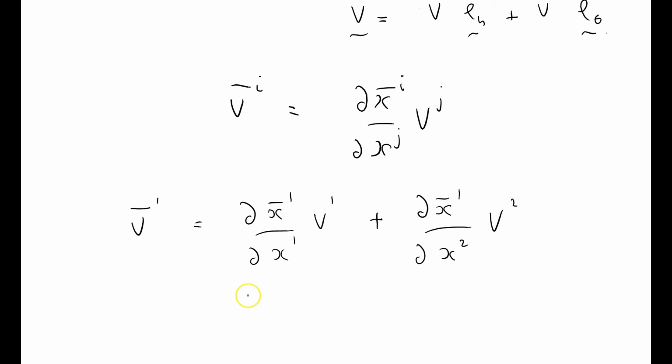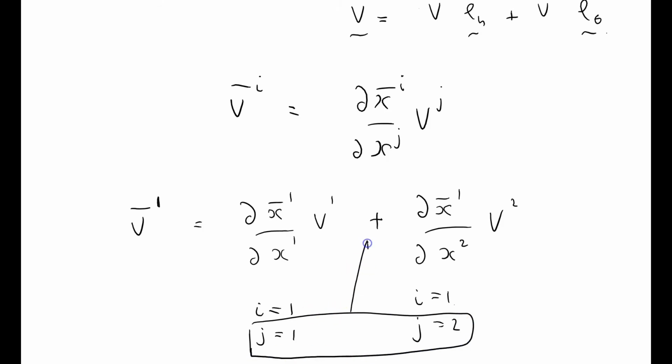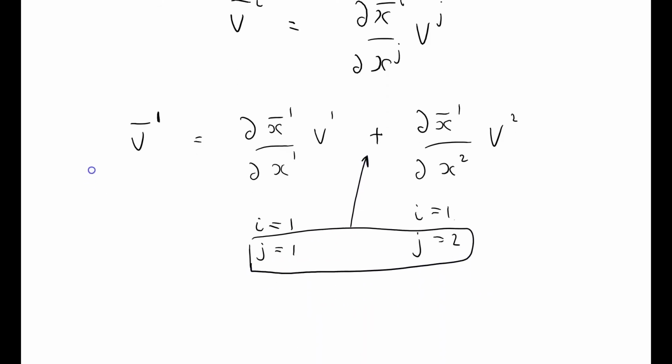So in both cases we've got i equals 1 because it's a 1 here, which corresponds to i equals 1. This one corresponds to j equals 1. This one, of course, is i equals 1 for the whole formula, and j equals 2. And we're summing across j because of the Einstein summation convention.